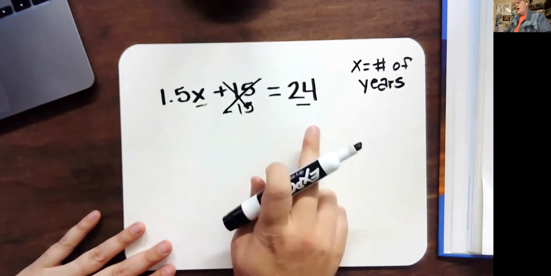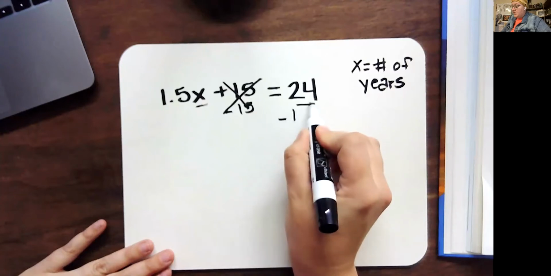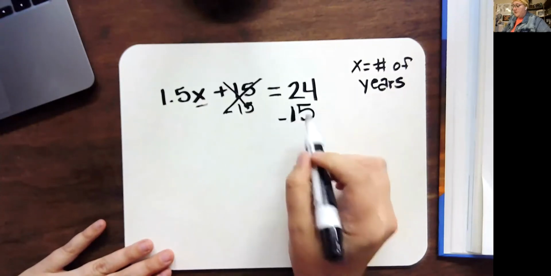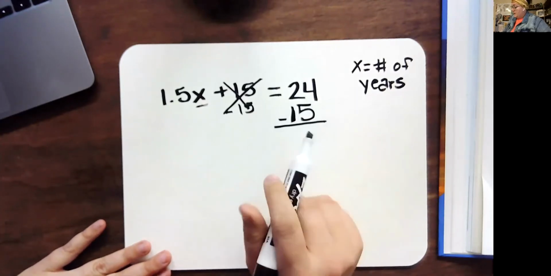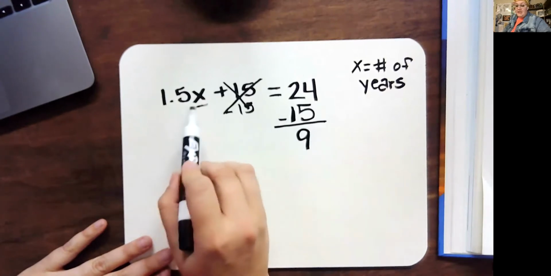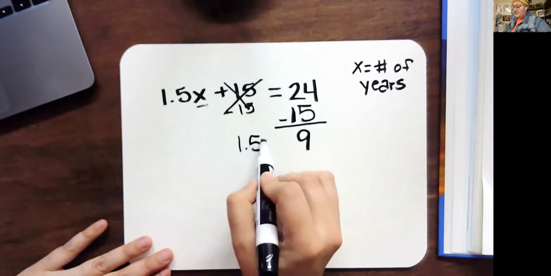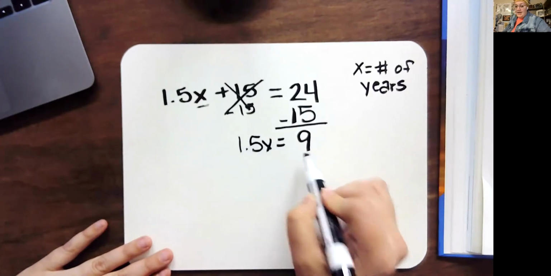Since we did it here, we have to do it over here too. So we're going to subtract 15 from 24, and we are going to have 9. We haven't done anything to the 1.5x, so we still have 1.5x equals 9.